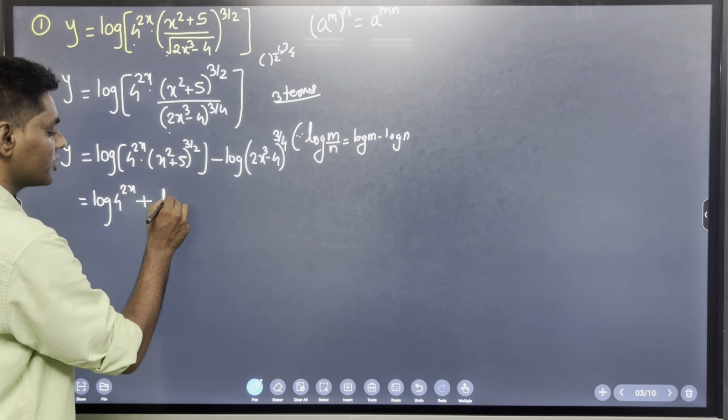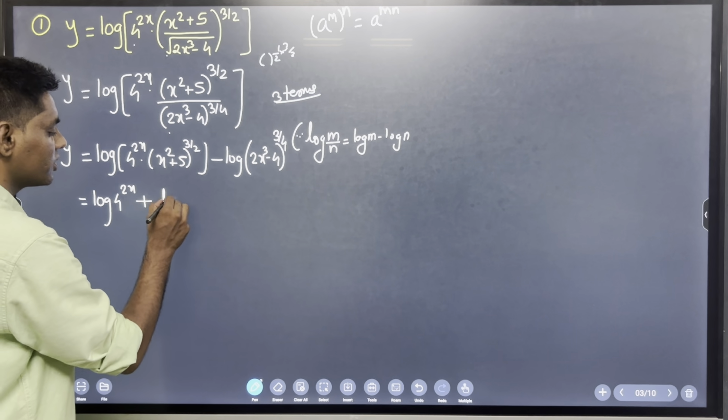So next, plus log of x square plus 5 raised to power 3 by 2, and this is as it is, minus log of 2x cube minus 4 raised to power 3 by 4. So here we utilize the multiplication property of logarithm: log of m into n equals log of m plus log of n. In such a way, first we solve in a very simple form.